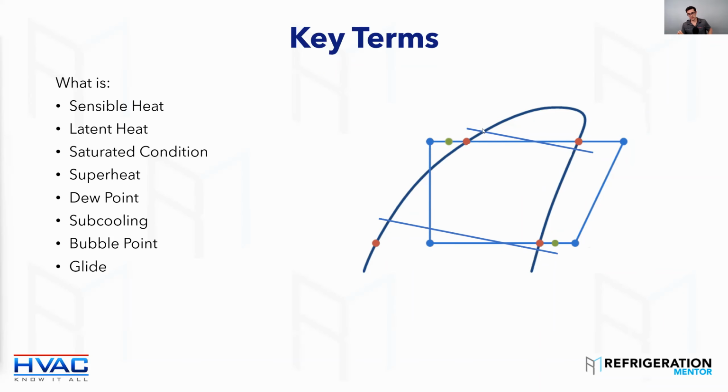So there are situations where you will use something called the average or the midpoint. And this is where manufacturers are having a huge difficulty designing certain coils with certain refrigerants, because the glide is so high.